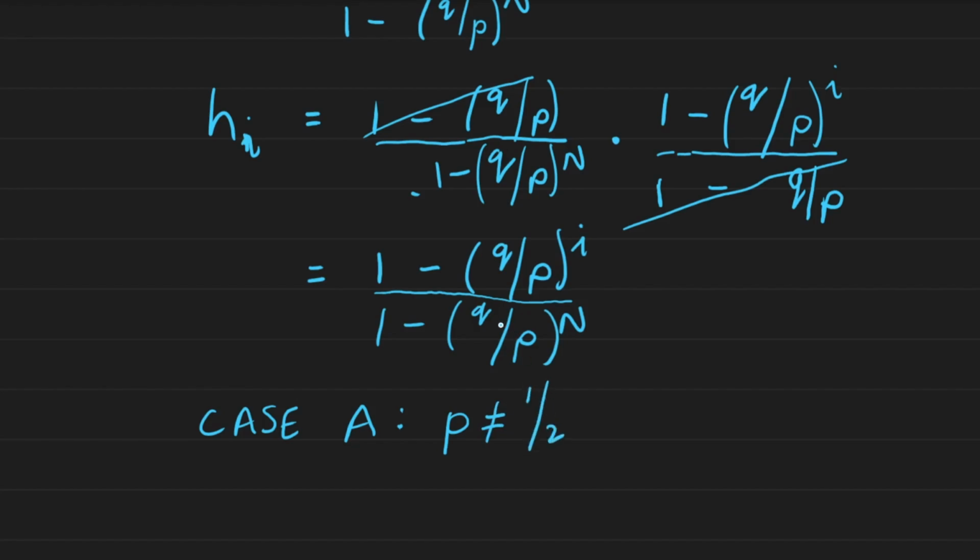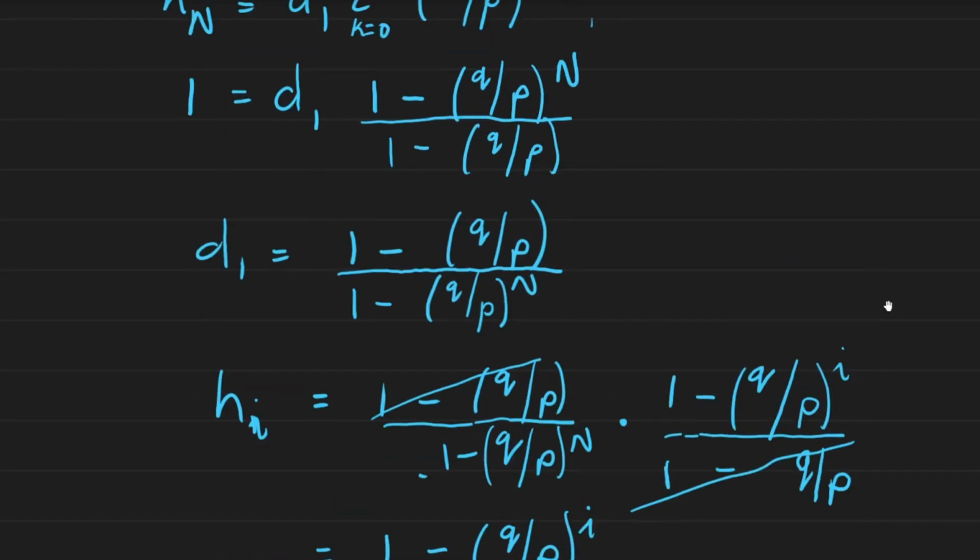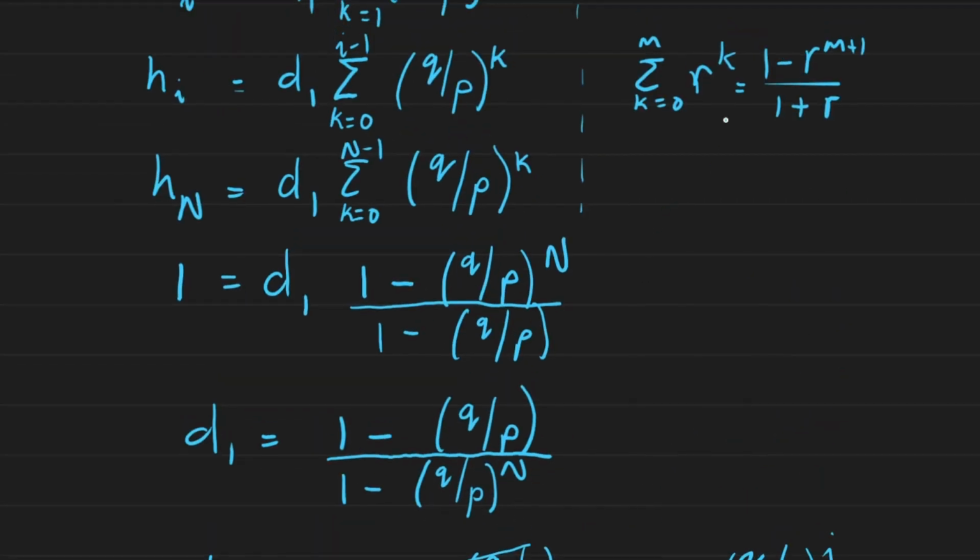If p and q are the same, if p is equal to half and q is equal to half, then you can see that this equation doesn't really apply. So what we're assuming here is that r is not equal to 1, where the r in this equation refers to this particular r.